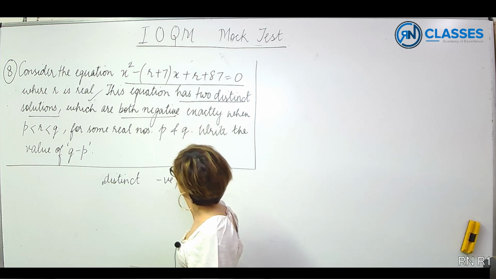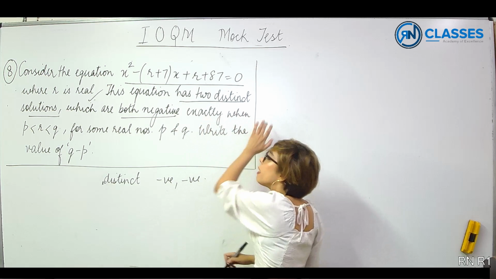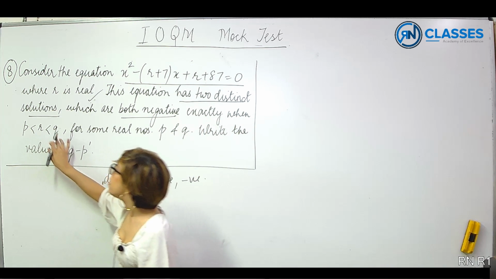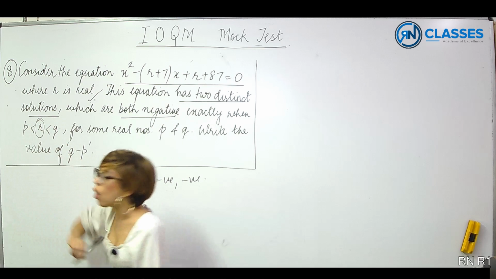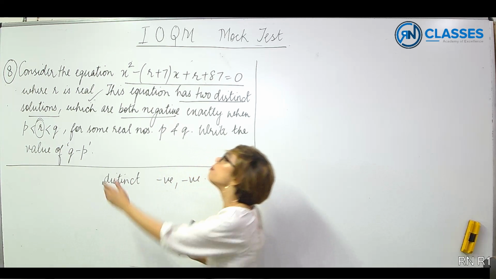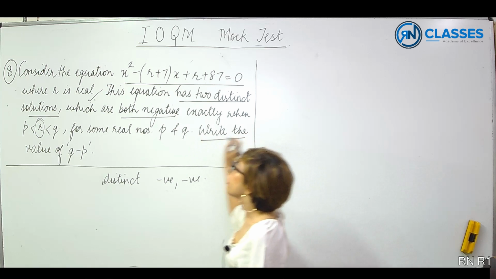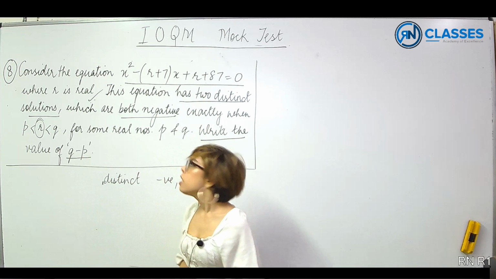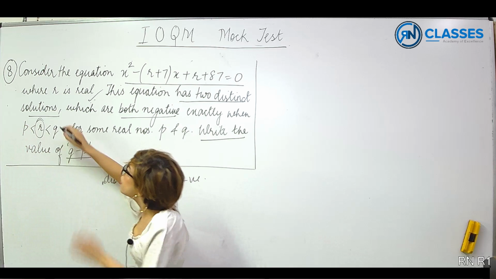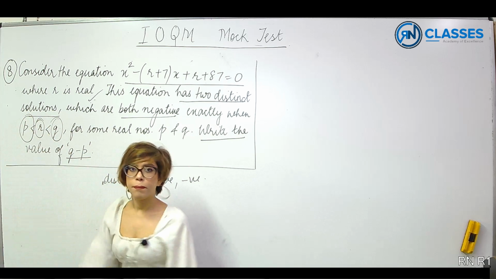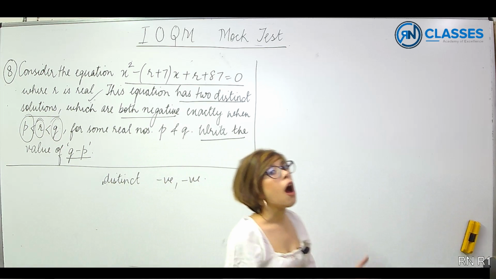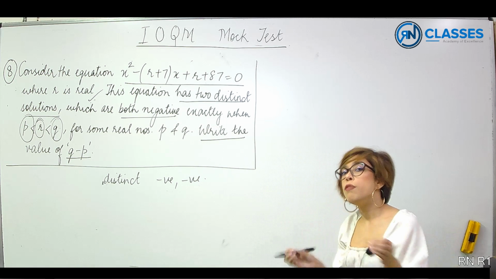So negative, negative exactly when P is less than R, less than Q. So that means there is a restriction on R basically. For some real numbers P and Q, you need to write the value of Q minus P. Right? So basically Q minus P, you need the restriction on R. So you need to find where R lies, from which value to which value.